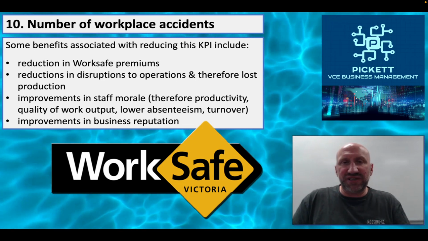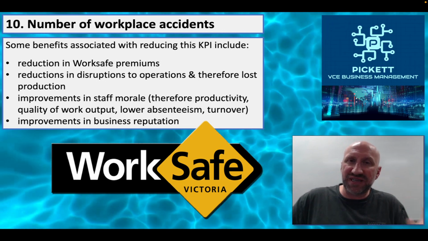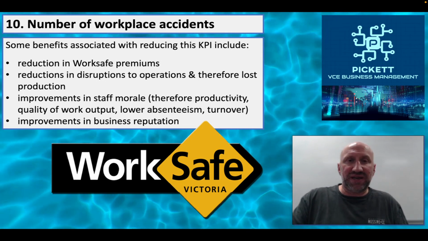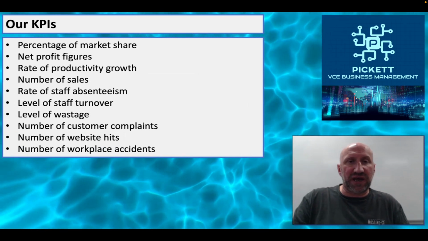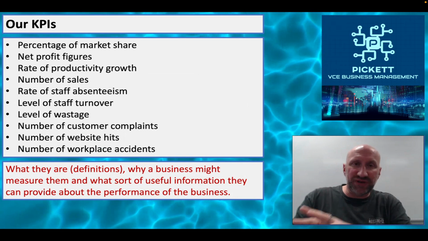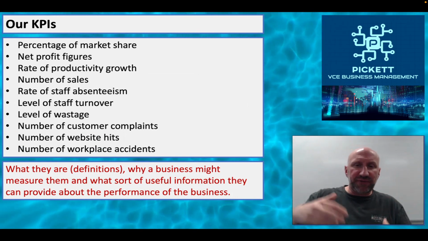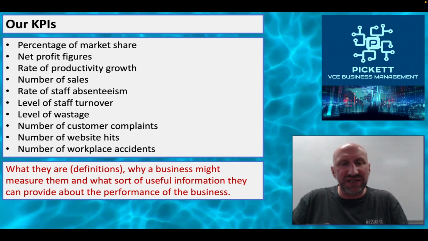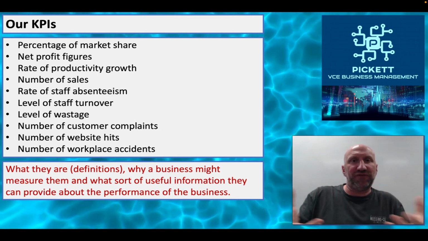Again, not an exhaustive list, but some examples of some of the benefits that the business will see by reducing or minimizing the number of workplace accidents. Okay, so look, that's the KPIs we've just looked at. Make sure you can define each of them really accurately. And then, have some information to hand about why businesses are measuring them, what sort of information they're providing to the business about the performance of the business or some aspect of the business.